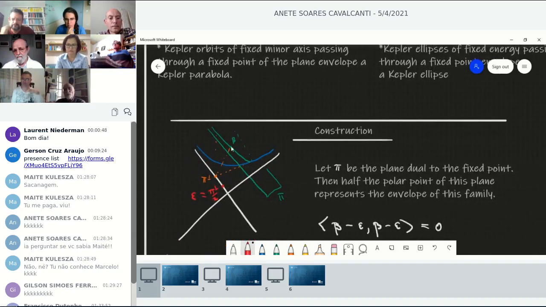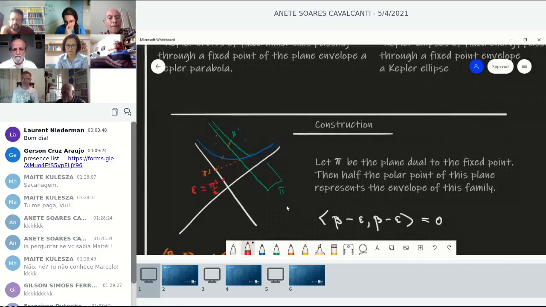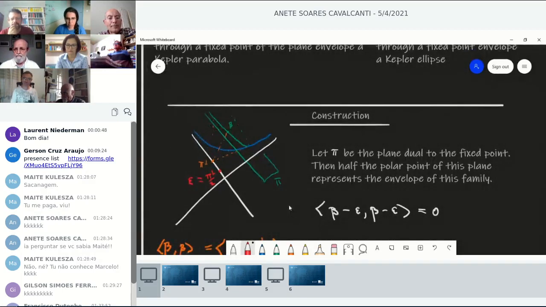This one is kind of funny because it says if you fix the minor axis and the chord length between two points on this orbit of fixed minor axis and the difference of the distances to the sun, you can determine the increment in eccentric anomaly.